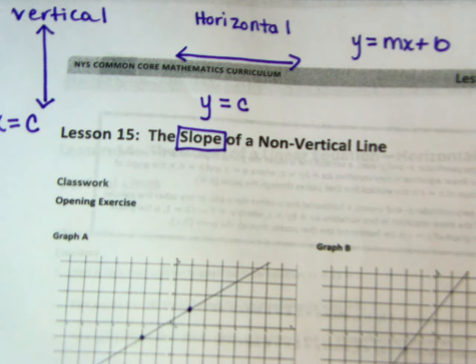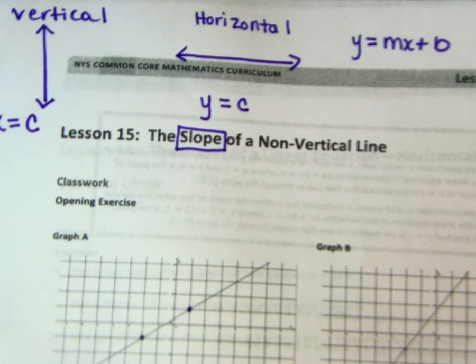Slope is going to be later referred to as the rate of change, and specifically in Module 5, the rate of change of a function. Rate of change is terminology that you're going to use in later lessons. And our first exposure with rate of change or slope is figuring out the steepness or slant of a line. In this lesson, you're going to make observations about the steepness of a line.